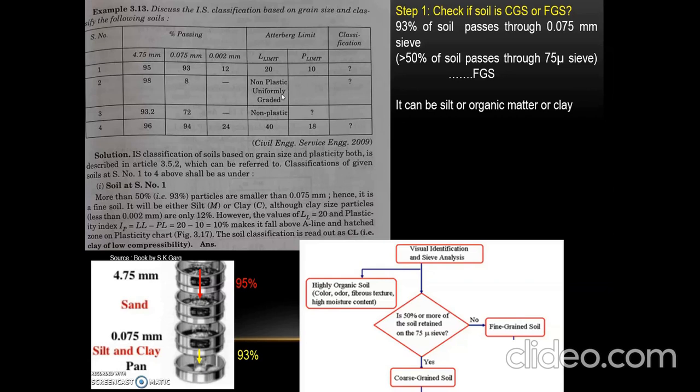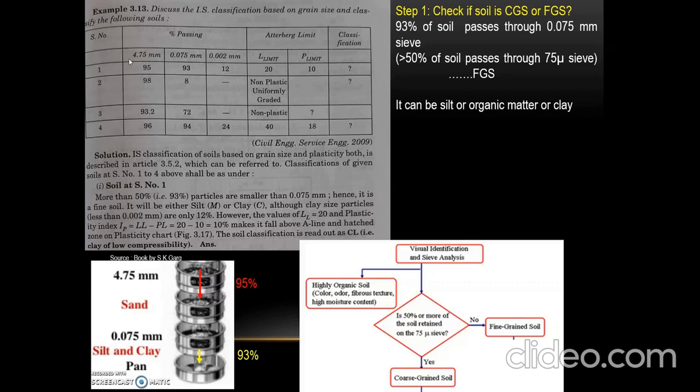For the second soil, it is mentioned that it is non-plastic uniformly graded soil, and the third soil is non-plastic. So we will find out how to classify the soil based on these two statements. And for the fourth soil, all the data are given which were even mentioned in previous problems. So to begin with, we will classify the first soil.